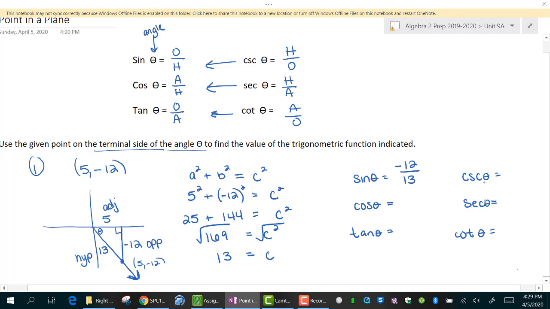And then cosecant is just the reciprocal of that, so 13 over negative 12. Cosine, adjacent over hypotenuse, so 5 over 13. And then secant is the reciprocal, 13 over 5. And then finally tangent is opposite over adjacent. And then cotangent would be 5 divided by negative 12.